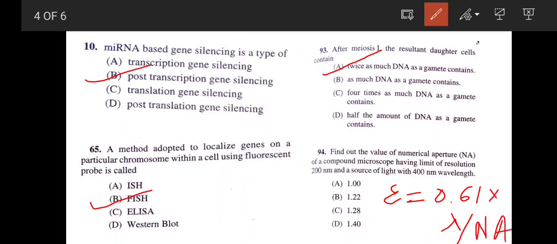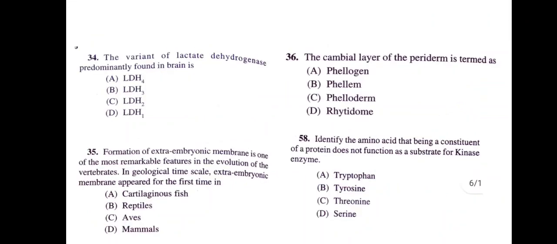Now they have given you the value of epsilon equal to 200 nanometer, then the value of lambda equal to 400 nanometer, and they now want you to find out the value of NA. If you put these two values here, the value of numerical aperture would be 1.22. Correct answer is 1.22.